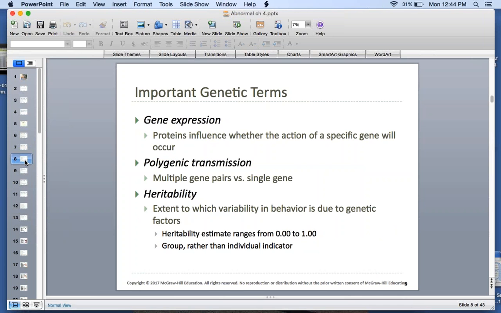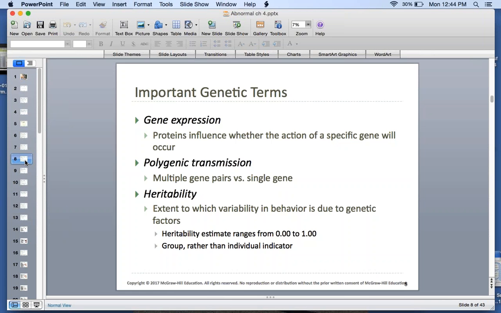So some important genetic terms that you should just know, right? Gene expression is when proteins influence whether the action of a specific gene will occur. So will the gene be expressed or demonstrated? Polygenetic transmission is when multiple gene pairs are at play versus a single gene.